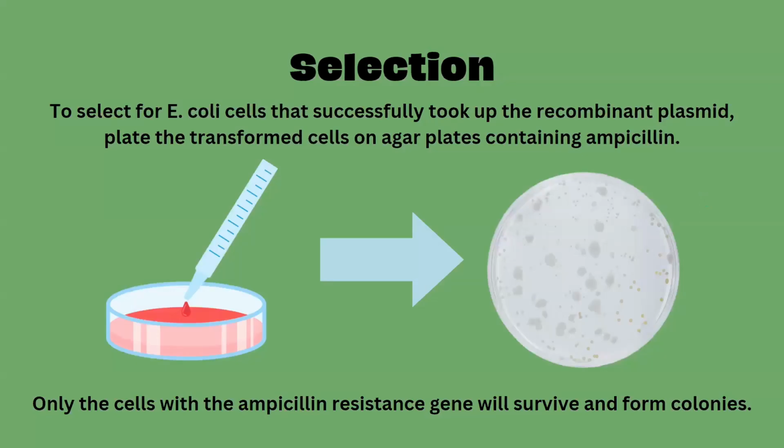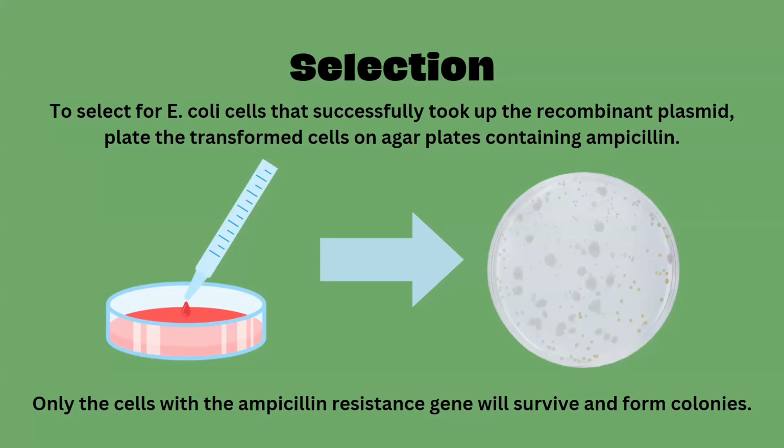The next step is selection, which is to select E. coli cells that successfully took up the recombinant plasmid, and plate the transformed cells on agar plates containing ampicillin.